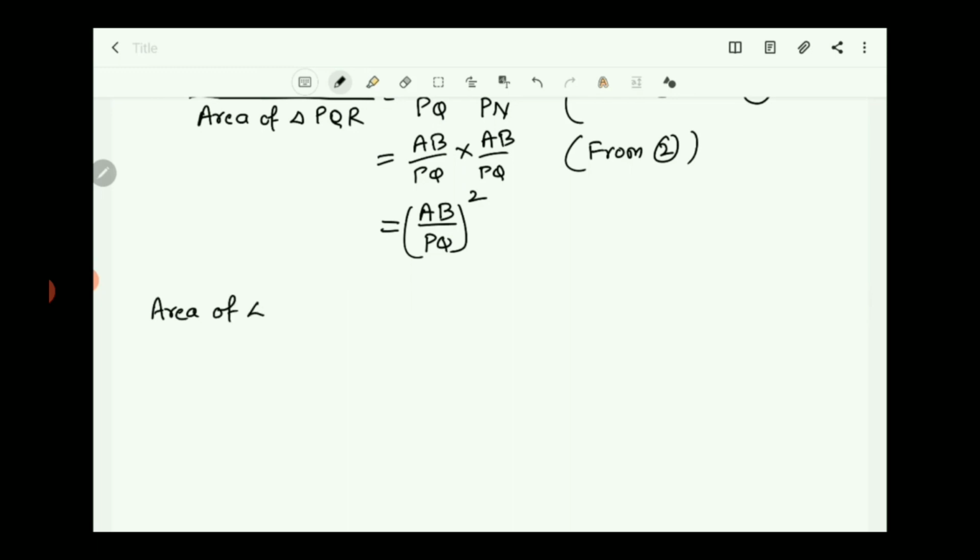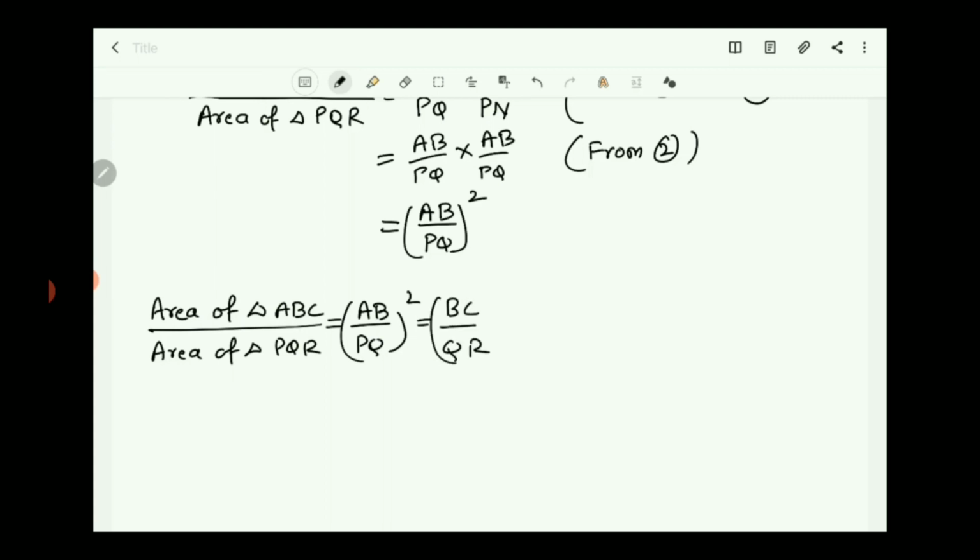Therefore you can write area of triangle ABC by area of triangle PQR is equal to AB by PQ whole square, and AB by PQ is also equal to BC by QR, so you can write BC by QR whole square, and also AC by PR whole square.